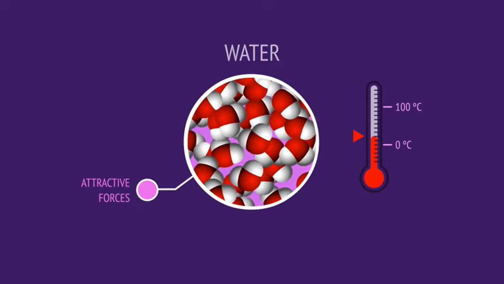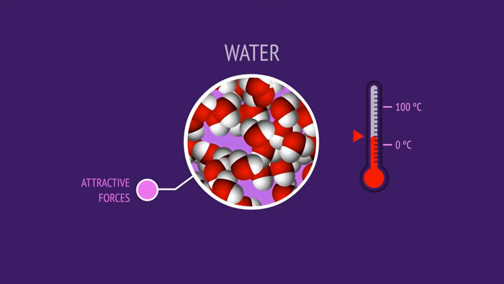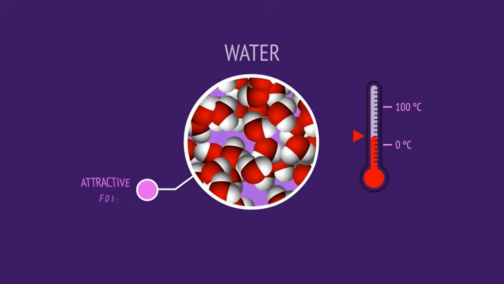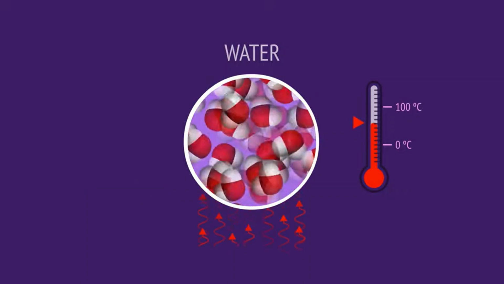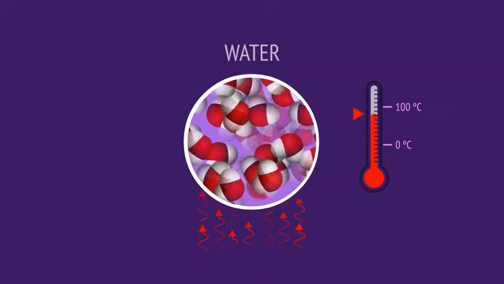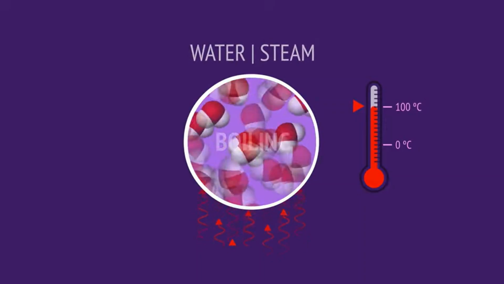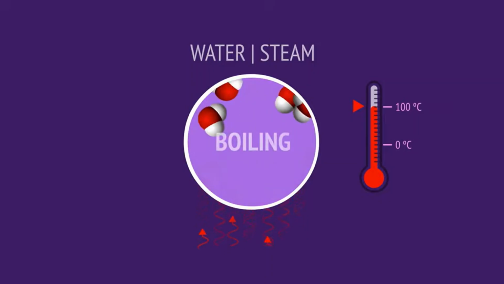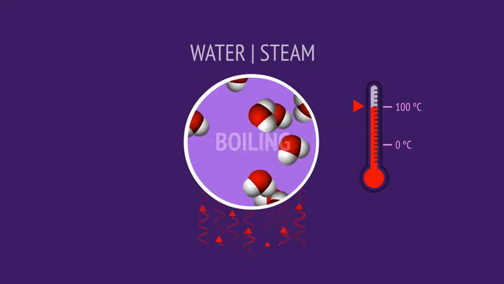Under 100 degrees Celsius, they don't have enough energy to break free of the attraction of nearby molecules. As more heat is absorbed, the molecules move faster, gaining kinetic energy, and so increasing the temperature. At 100 degrees Celsius, the water boils as the molecules have gained sufficient energy to break free.